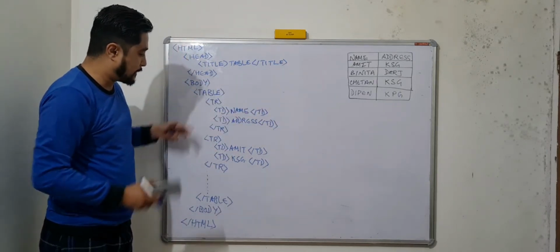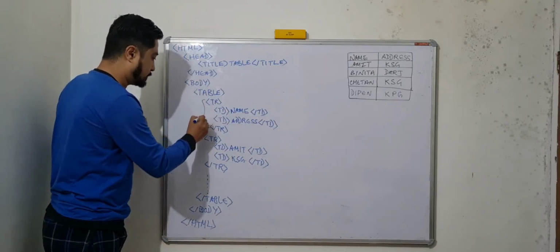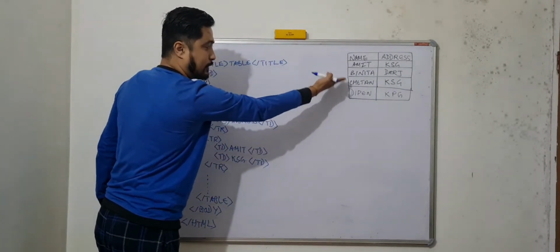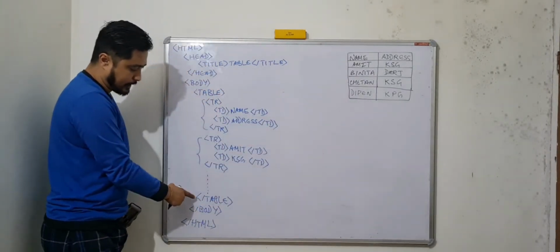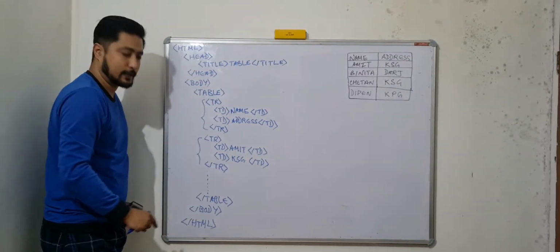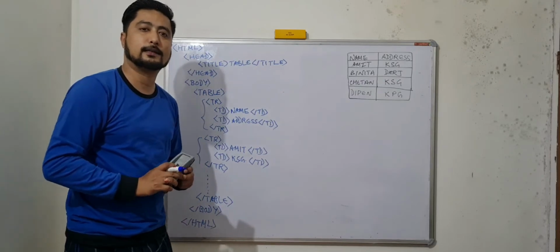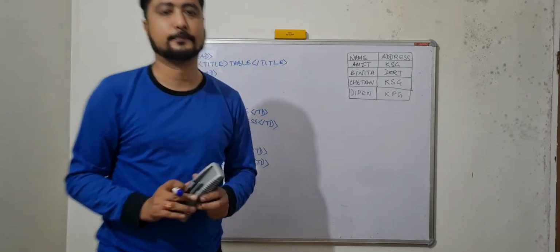Since here I'm creating only two rows, in the same way the further rows can be created, and at the end you have to close with table, body and html. This is how we create the table in HTML.